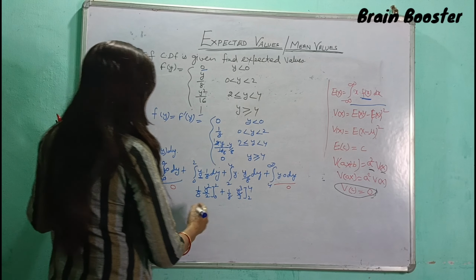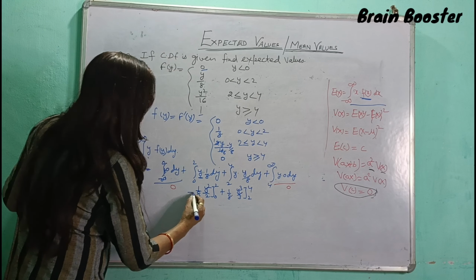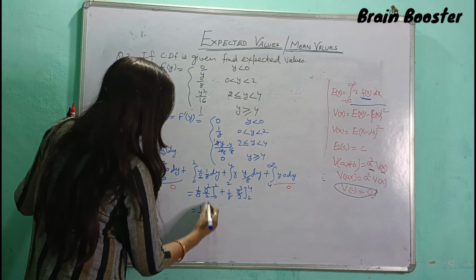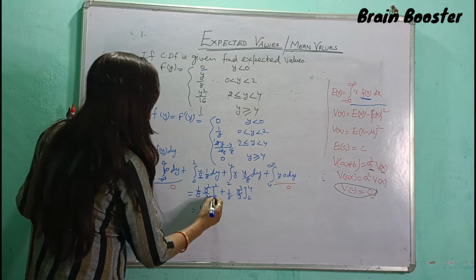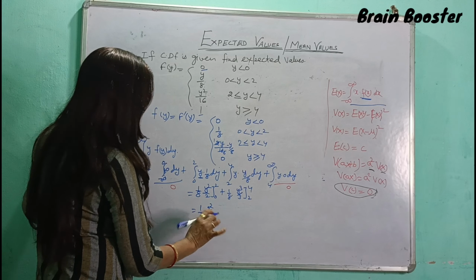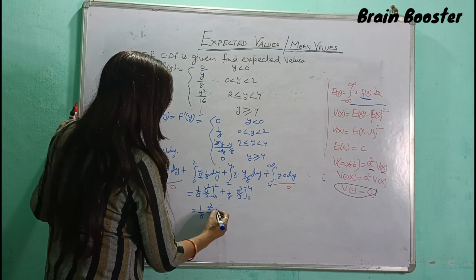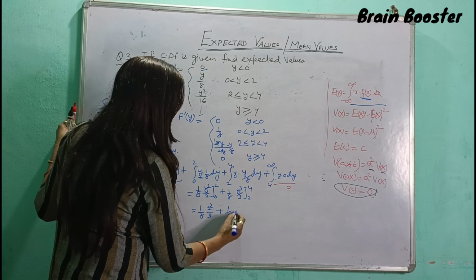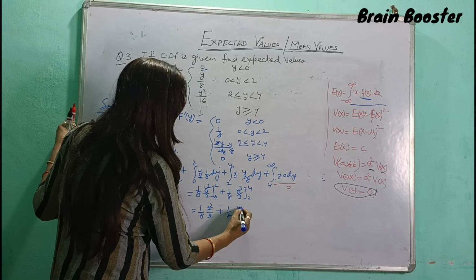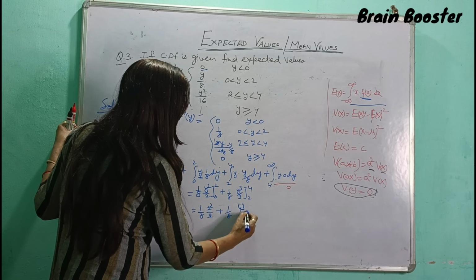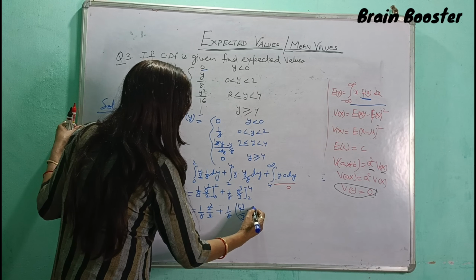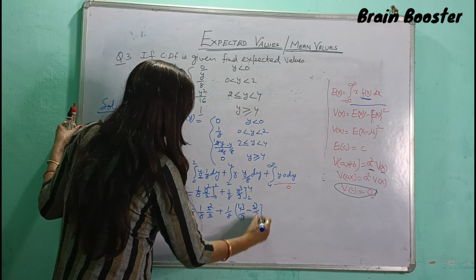Now this is equal to 1 by 8, put the value of y square, 2 square by 2, and putting 0 gives 0, plus 1 by 8 into y cube, that is 4 cube by 3 minus 2 cube by 3.